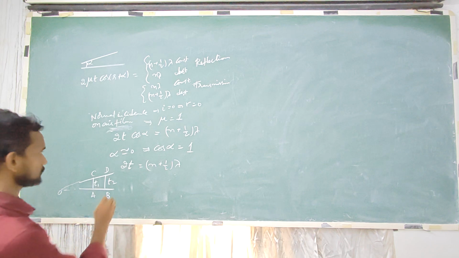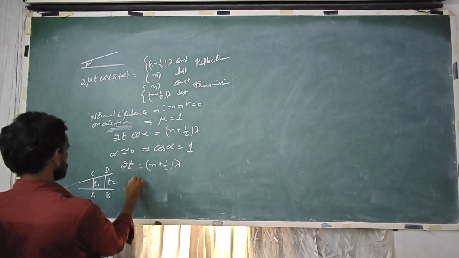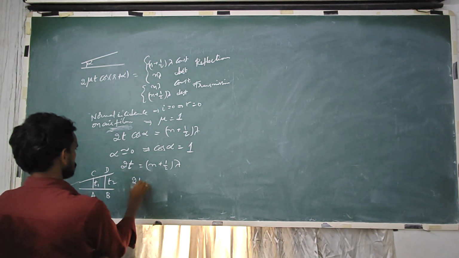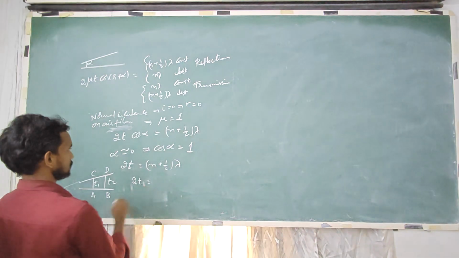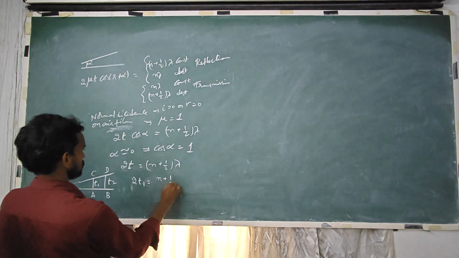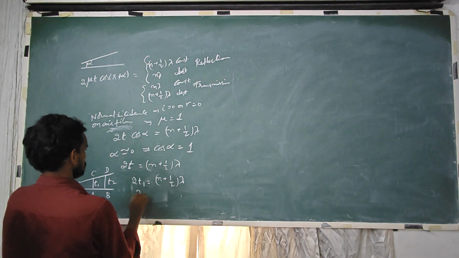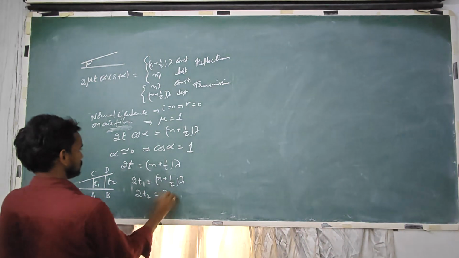Two consecutive fringes. So then what do you get? Let's say 2 t1 is (n plus half) lambda. Then 2 t2 is n lambda.